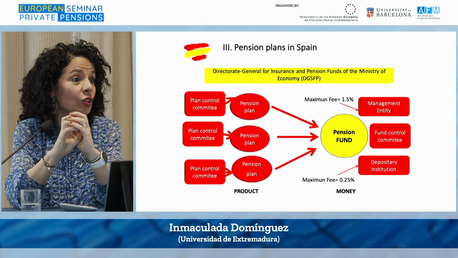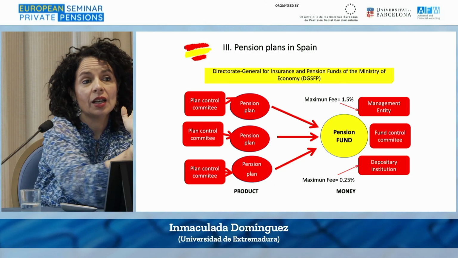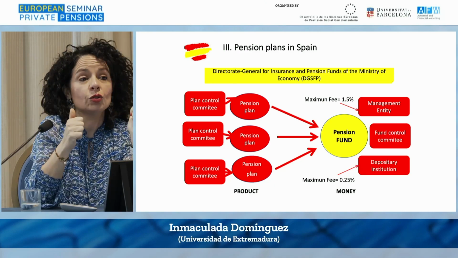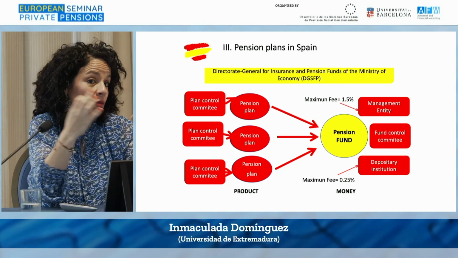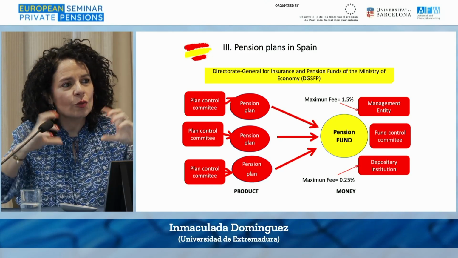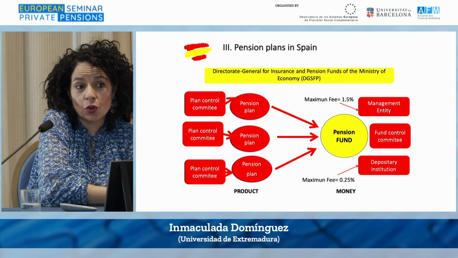And after you have the product, the pension plan, you have the pension fund. And in this pension fund, at the end, you have a fund control. It's good because it's with different pension plans, and at the end, we can see 6 persons. It's good to have another committee, but it's too much structure for the product for a small company.